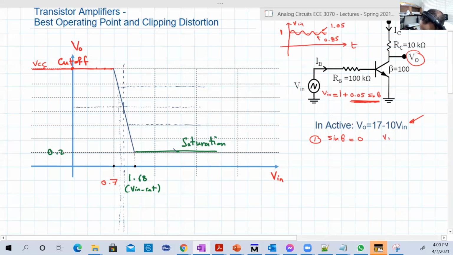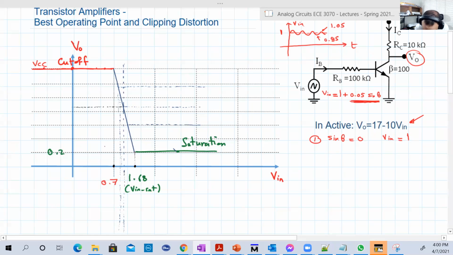So V input, when sine theta is equal to 0, will be just 1. So let's check V output at that time. Before this, let's check first on the axis here. When V input is 1, where is exactly V output? Is it active? Is it saturation? Is it cutoff? Let's check.